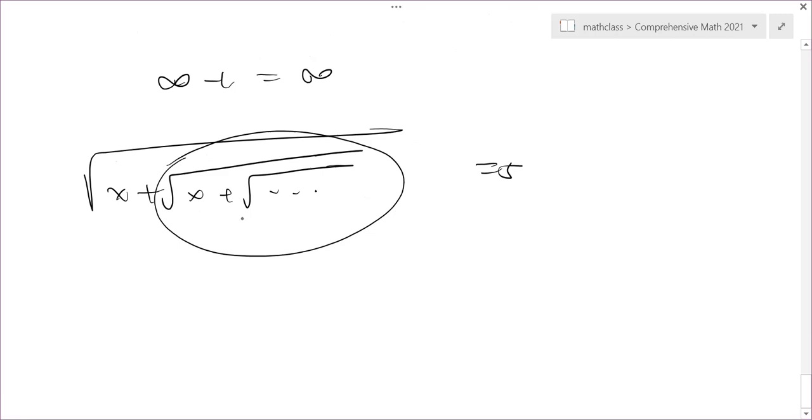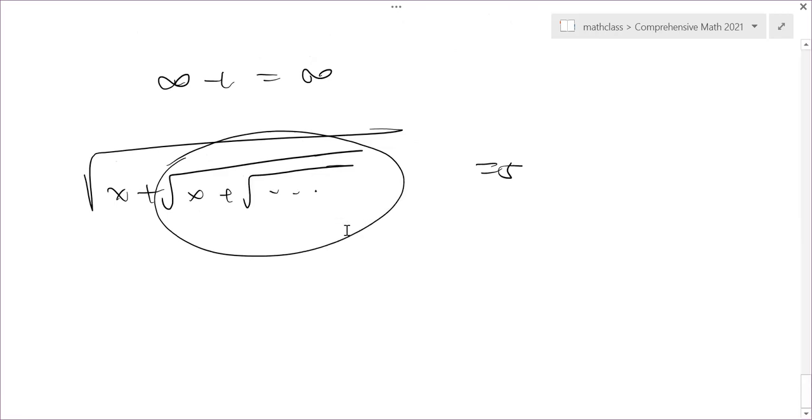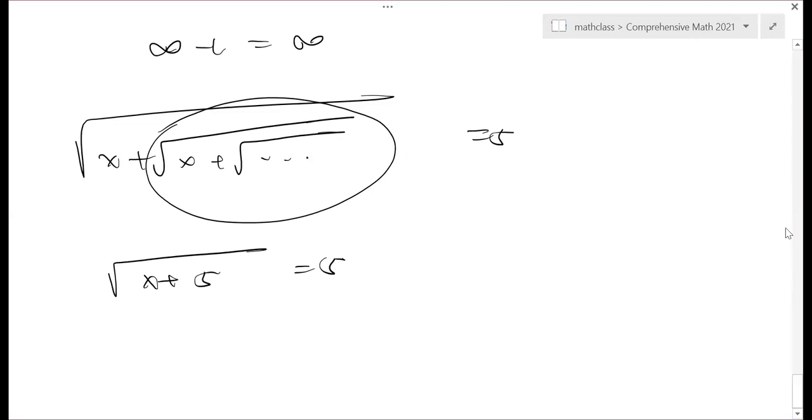It has infinitely many, just less than 1, but it still has infinitely many radicals, so then you can just replace it by 5. Then you solve the problem immediately.